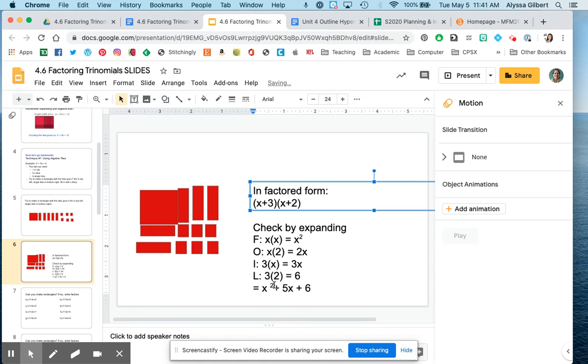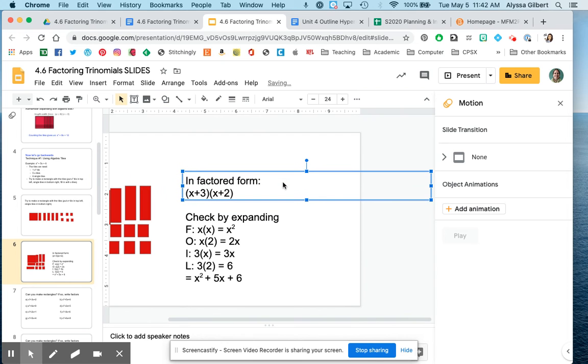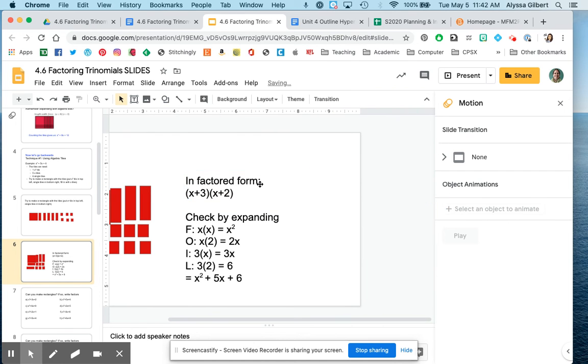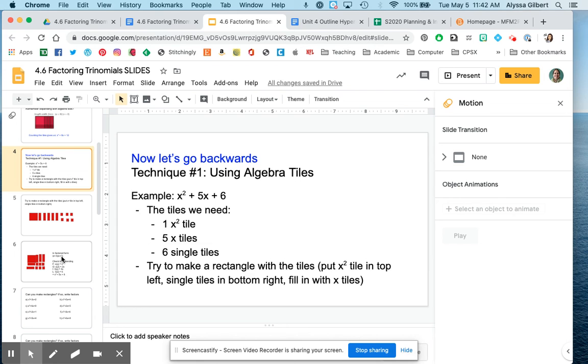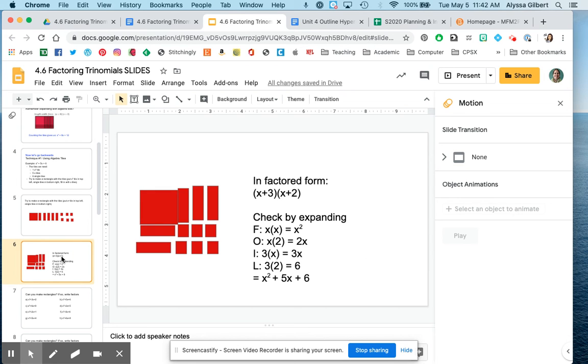I apologize, this is a little bit clunky as I do this, but I want you to see me do it as opposed to just looking at the slide. Okay, so that means we have factored that properly because look, we got the same equation back as what we started with. So that is how you can do it with algebra tiles.